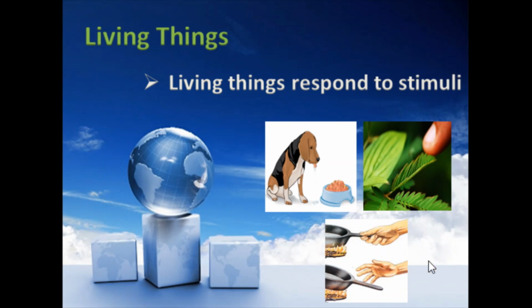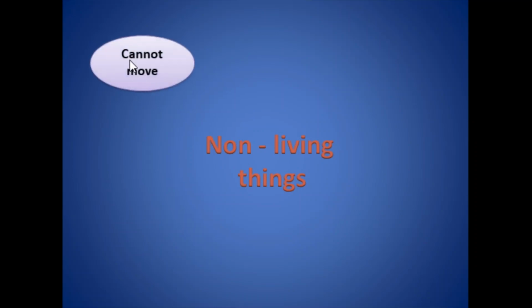Living things can eat, can respond to stimuli, can reproduce, can excrete waste, can breathe. What about non-living things? Non-living things are totally the opposite of living things. They cannot move.